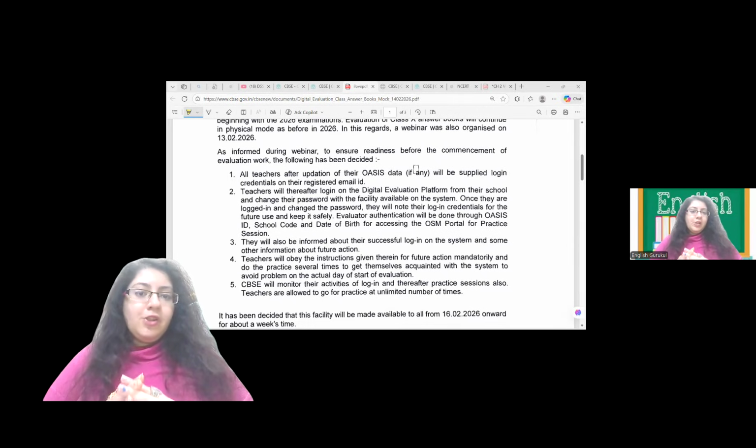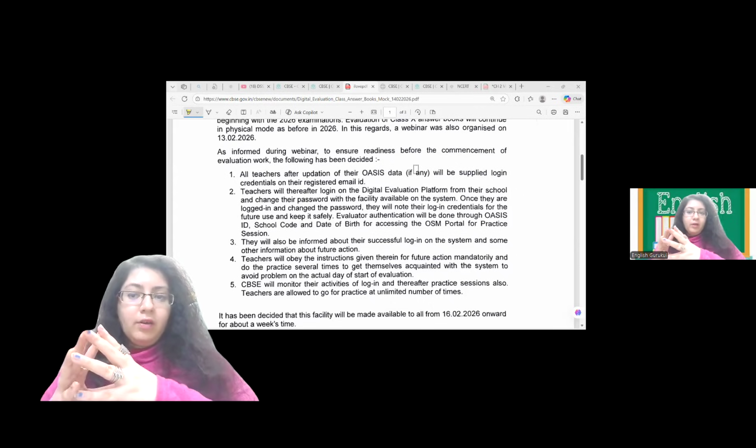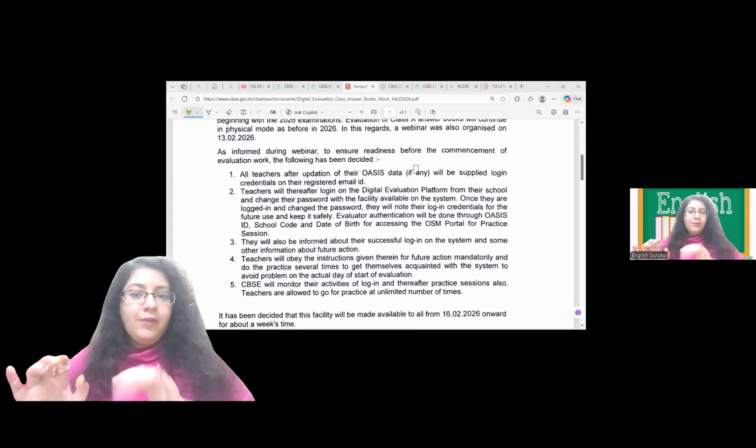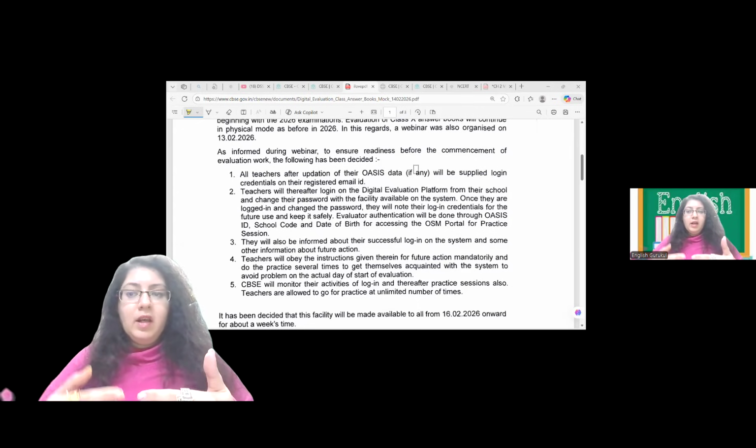Secondly, teachers will thereafter log in on the digital evaluation platform from their school and change their password with the facility available on the system.